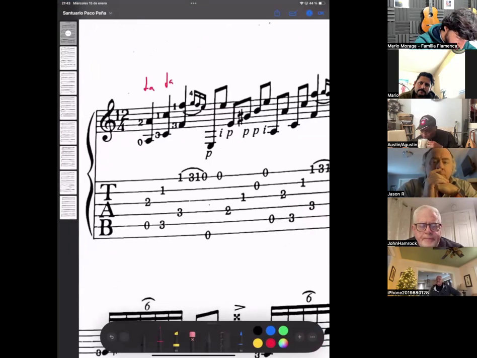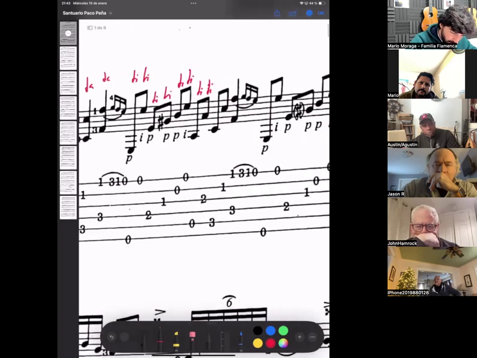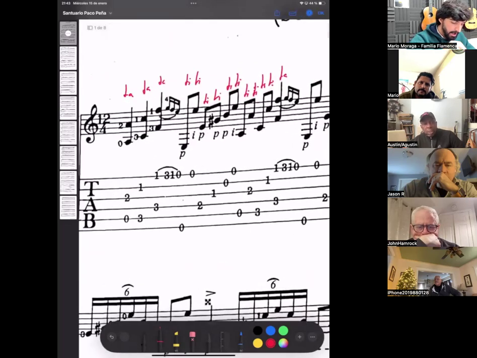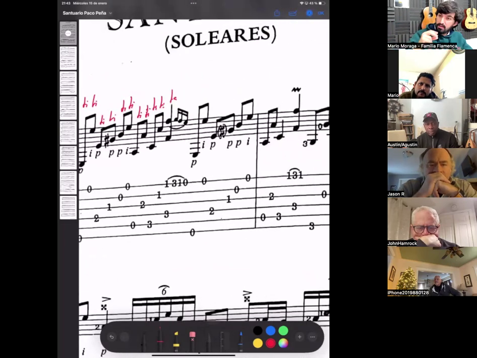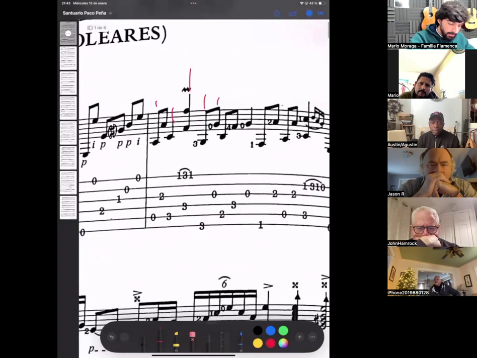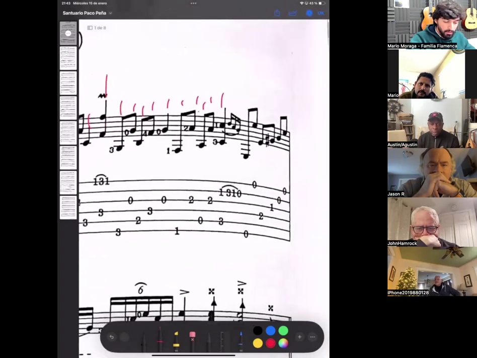Da, da, da. Ti, ti, ti, ti, ti, ti, ti, ti, ti, ti, da.